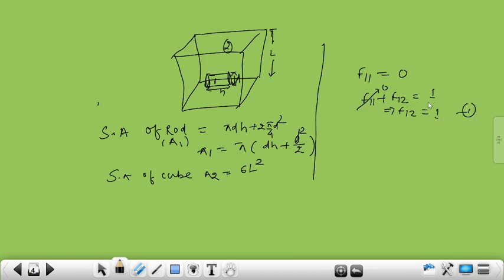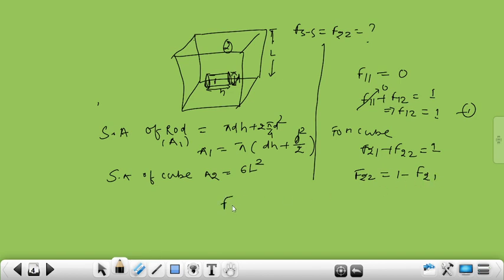This is equation 1. For the cube, F21 plus F22 is equal to 1. We have to find F22, so F22 is equal to 1 minus F21.